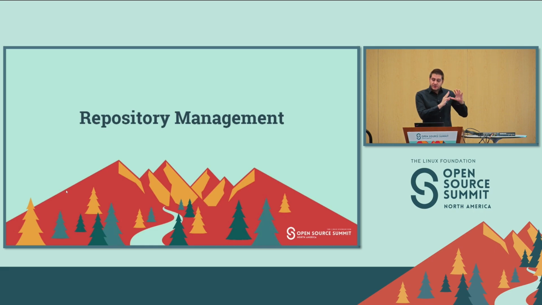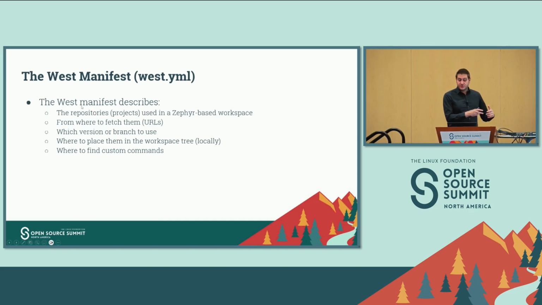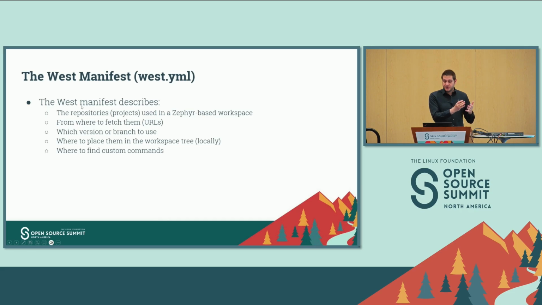So let's start going more in depth about the repository management. So here we have the West manifest. When we say manifest, it's basically the west.yaml. And the West manifest is going to describe the different repositories and projects that are used in my workspace.